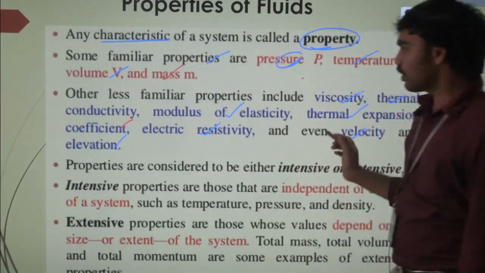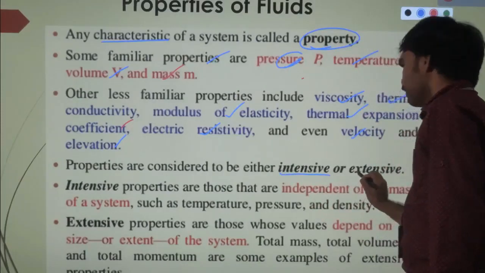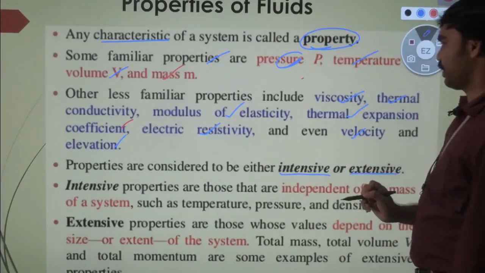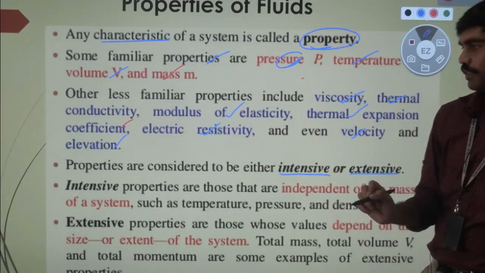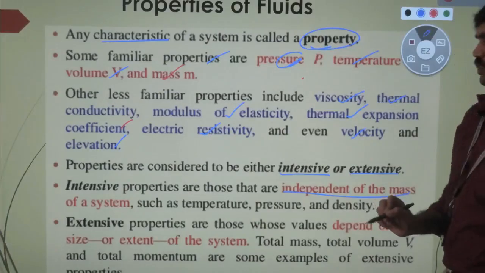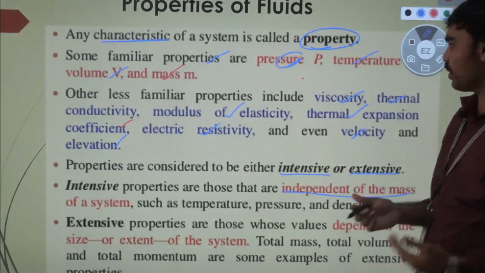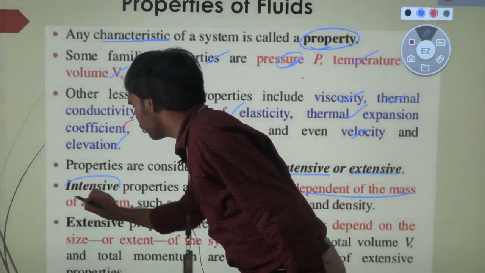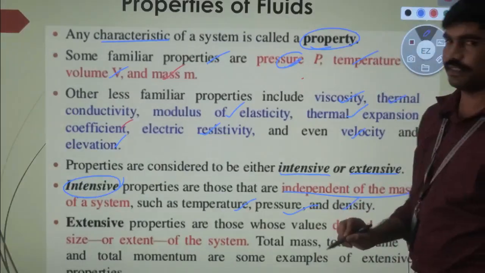The properties can be classified into two categories: intensive and extensive properties. What is an intensive property and what is an extensive property? Intensive properties are those that are independent of the mass of the system. The properties which are independent of the mass of the system are called intensive properties, for example temperature, pressure and density.